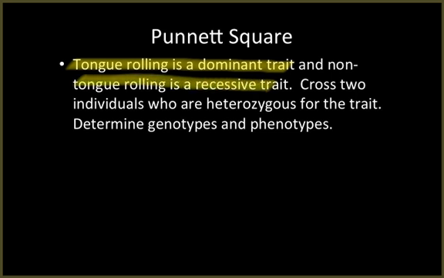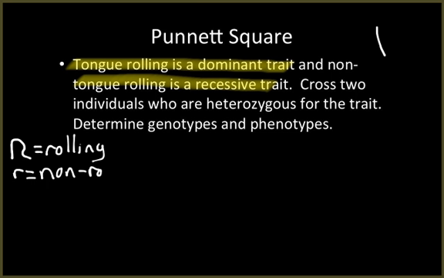So what we should probably do is go ahead and write out some information. Tongue rolling is dominant and non-tongue rolling is recessive. So let's assign them some letters. All right. Big R is rolling and little r non-rolling.